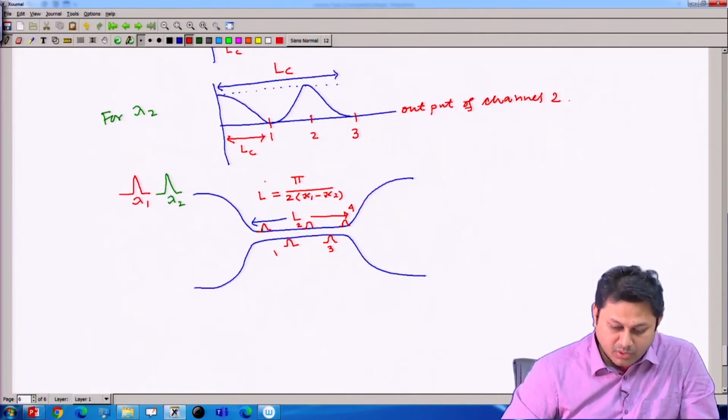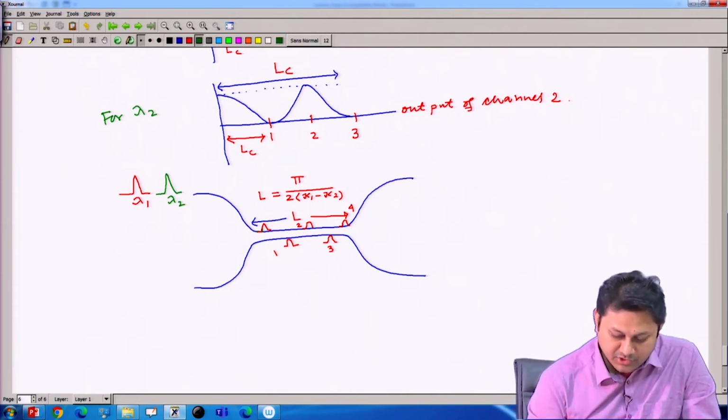On the other hand, what happened for the other wavelength? Initially it was here, so I draw these things together, then it comes to here at some point, then it comes to here at some point, and finally it goes back here. So, this is 1, this is 2, and this is 3.